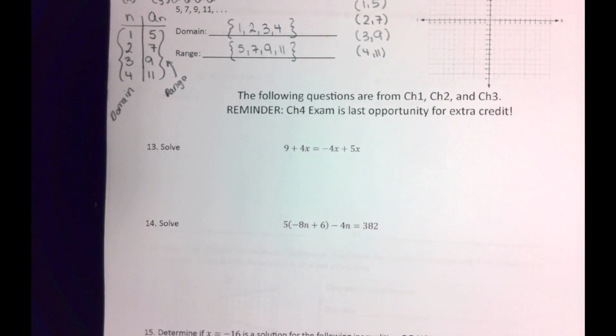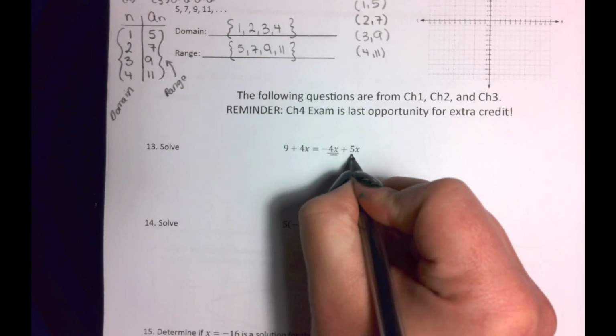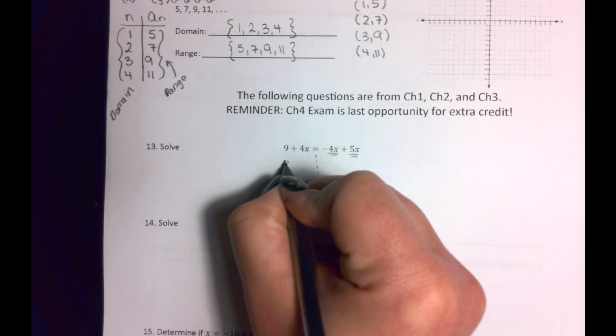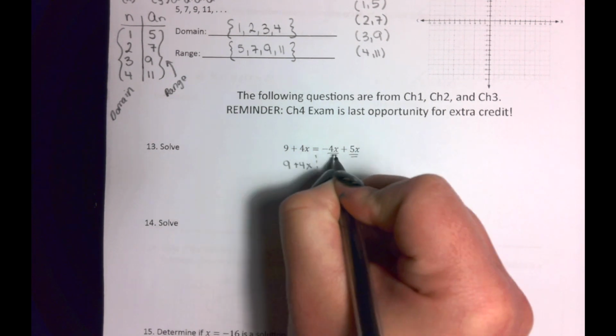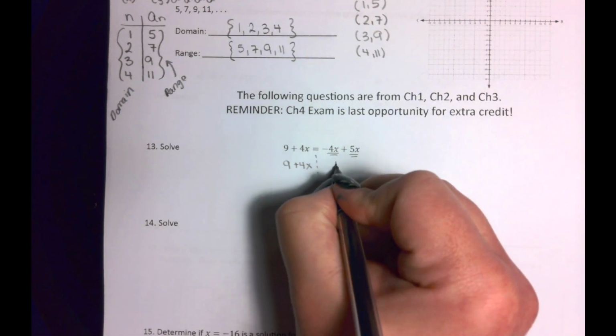First question here, number 13. This is asking you to solve, which means combine like terms, get x by itself. So I see an x and an x. That means we're going to have to combine those together. Negative 4 plus 5 is going to give a positive 1. So we're going to do a 1x here.